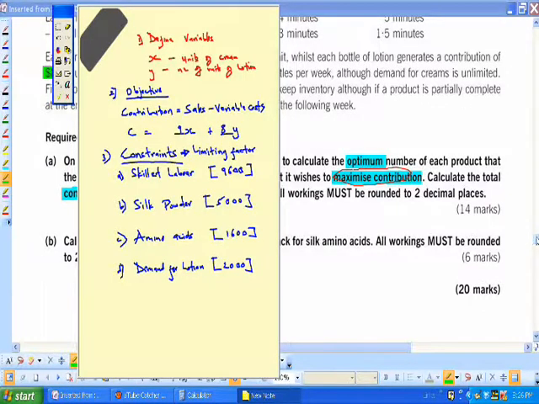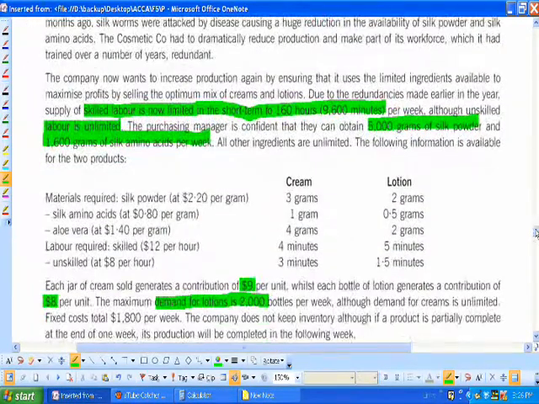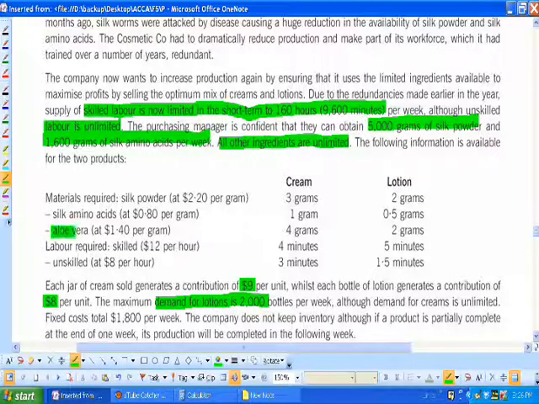And they've told us that all other ingredients are unlimited. So anything else, like here they've given us information on aloe vera. Clearly we've established that aloe vera is not a critical component, it is unlimited. Then we've also been told that unskilled labor is unlimited. So aloe vera and unskilled labor are not constraints for purposes of this question.